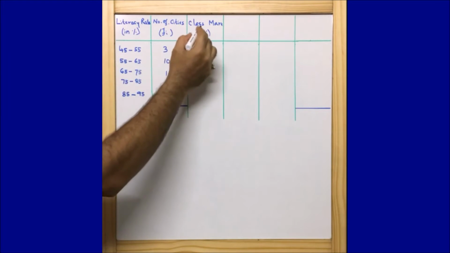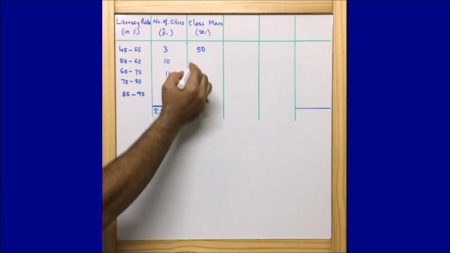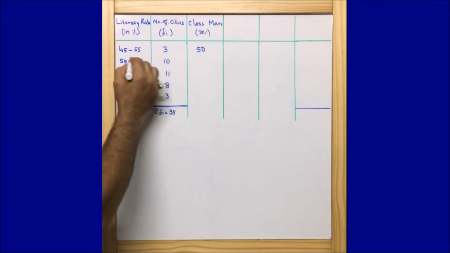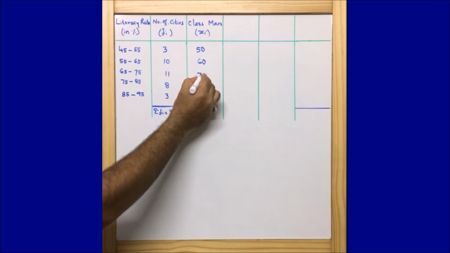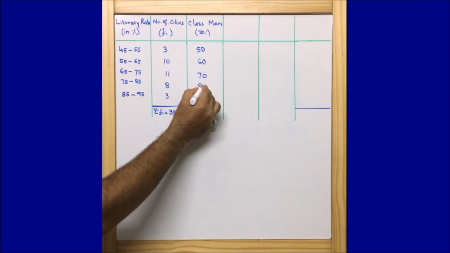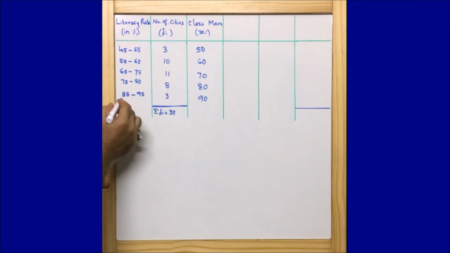So once I get the first class mark, I can keep adding 10 and find the rest of the class marks without doing these calculations. So 50 plus 10 is 60, 60 plus 10 is 70, 70 plus 10 is 80, 80 plus 10 is 90.